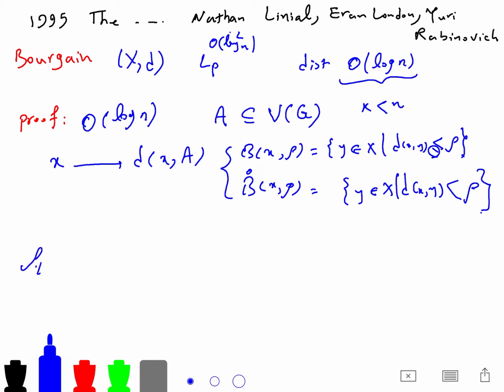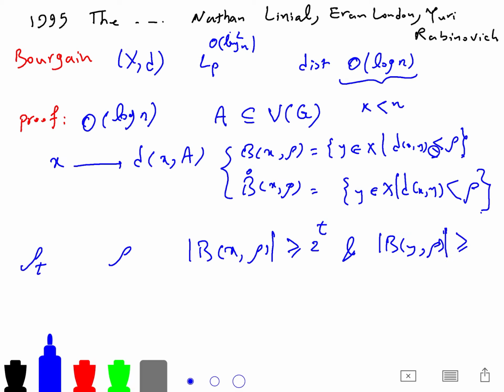So rho_t is the least radius rho for which both of them hold. Remember that B(x, rho) has cardinality greater than 2^t, and both of them should be satisfied. And B(y, rho) as well, so it holds for point y too.